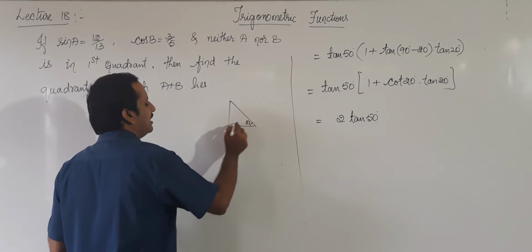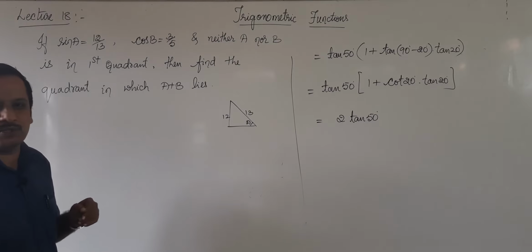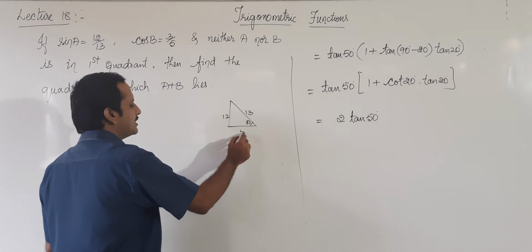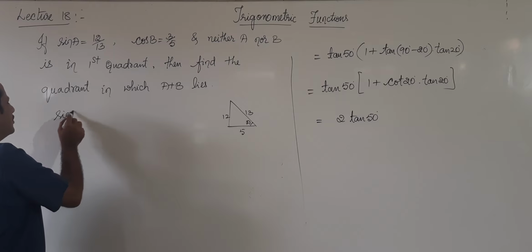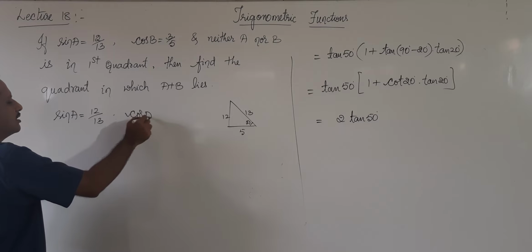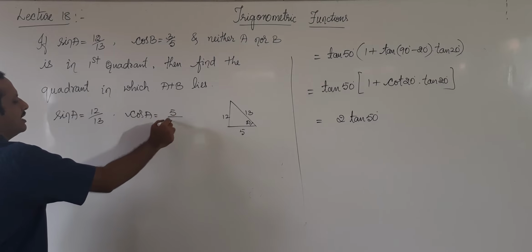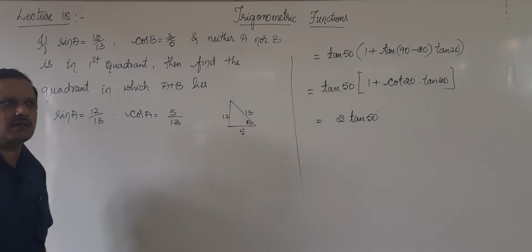Let this angle be A. Sin A is defined as 12 by 13 here, opposite by hypotenuse. So, adjacent side will be 5. Sin A is equal to 12 by 13. Then what about cos A? Cos A is equal to 5 by 13, adjacent by hypotenuse. But should I write plus or minus?